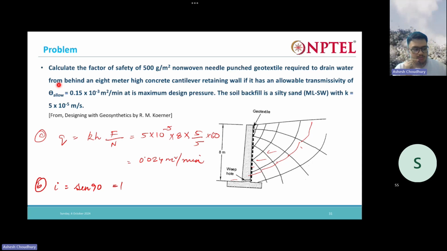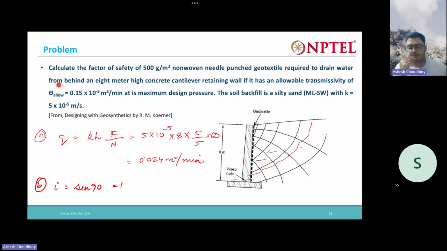So this is what we have to do now: check if the given non-woven needle-punched geotextile is suitable for this purpose.